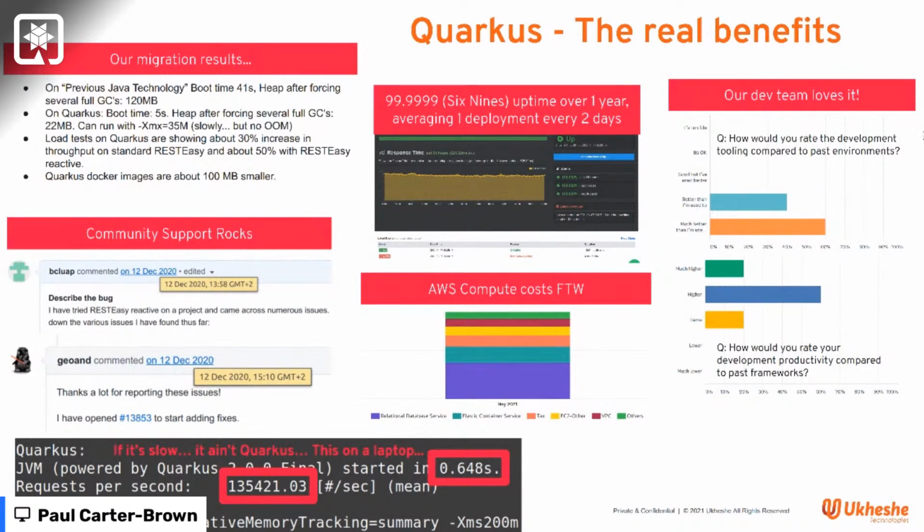This one is around how you would rate the development tooling compared to past environments. And pretty much everyone said either better than I'm used to or much better than I'm used to. And that comes down to the whole development experience of live reloads and the testing experience and everything else of Quarkus, which is key to the dev team.